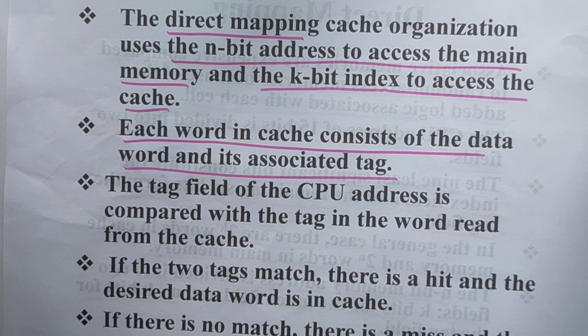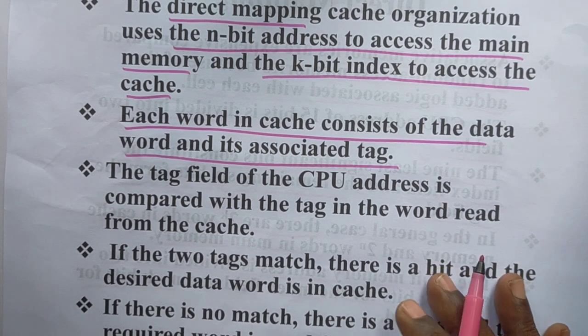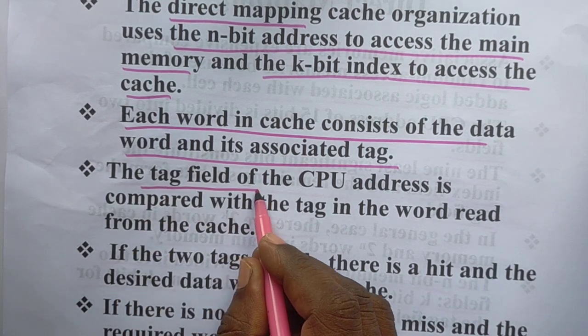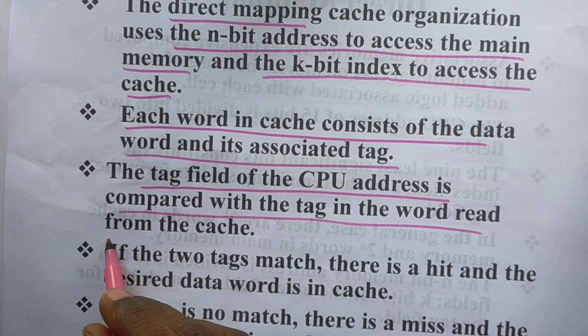Whenever data is stored in the cache, we consider both the data word and the associated tag for each word. The tag field of the CPU address is compared with the tag in the word read from cache memory.